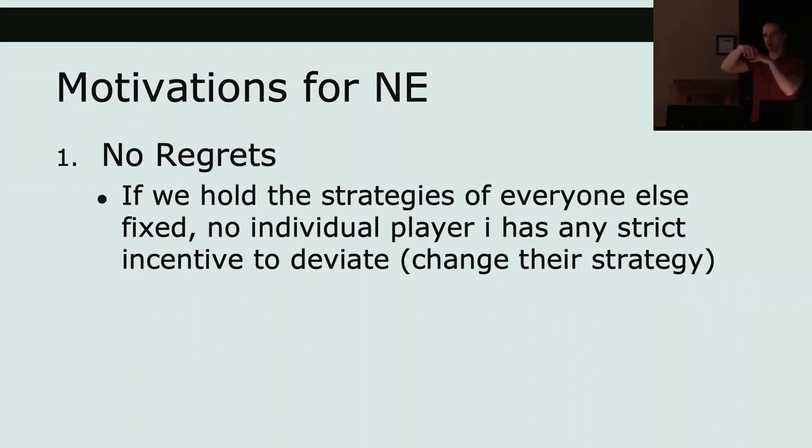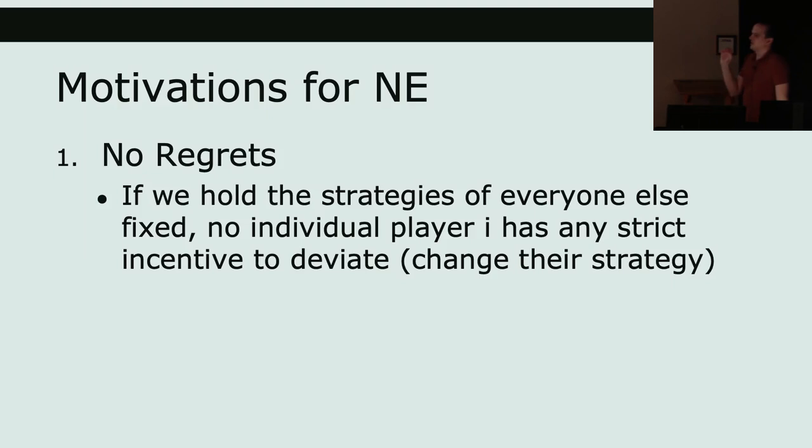If we apply that logic to everybody, then no individual player has any strict incentive to choose something else, right? If they had chosen something else, they are going to do the same or worse. So there cannot be any regret in your choice if you are part of a Nash equilibrium.